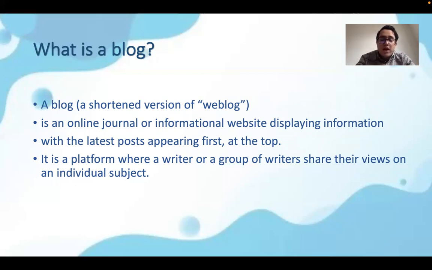Maybe someone is traveling a lot and they post about vacation and traveling, or someone likes to cook and they share a blog about cooking, or a blog can be about anything, and they post maybe daily or every week, depending on how they like it, or maybe every month.